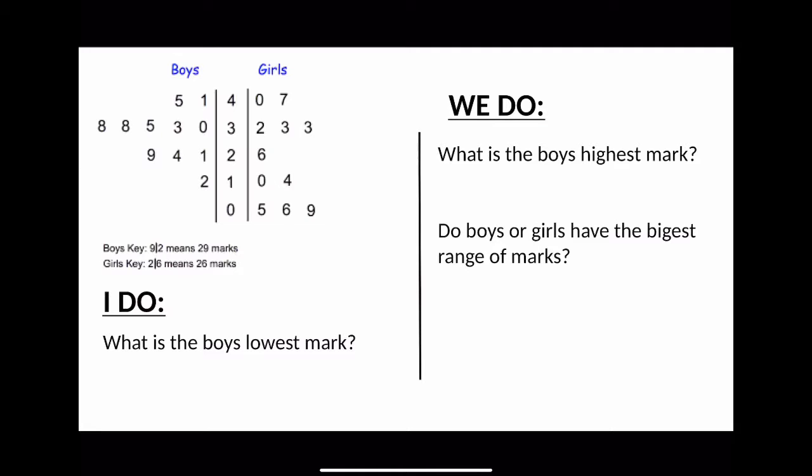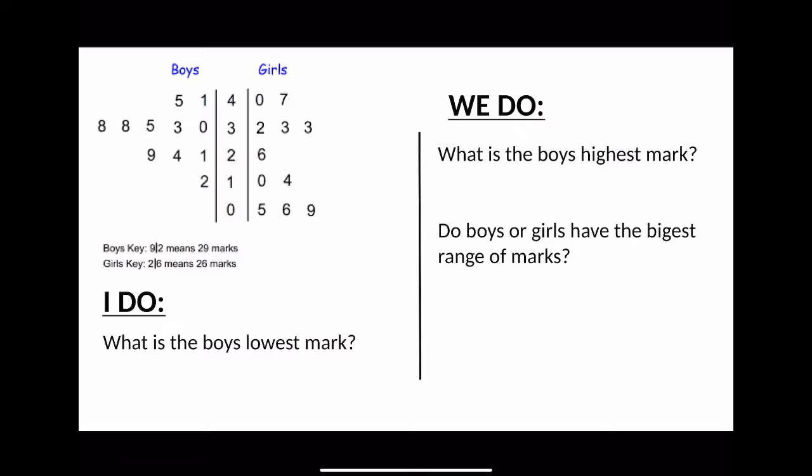Now this is a back-to-back stem and leaf diagram. So notice now the stem runs through the centre. We can see 4, 3, 2, 1 and 0. On the left-hand side you have data about boys, and on the right-hand side you've got data about girls.